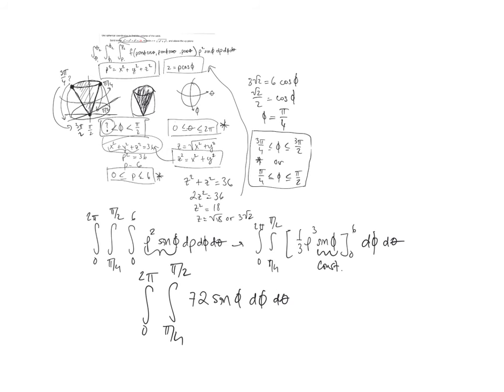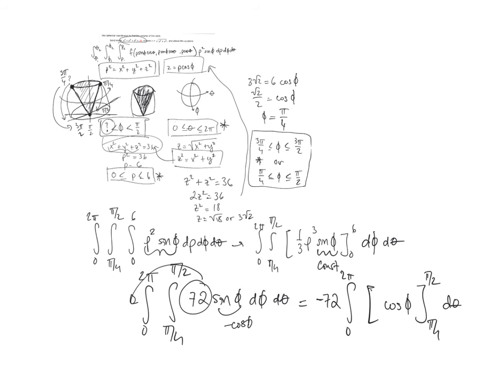So you can pull out the 72 outside because it's a constant, and then you will get negative 72 times the integral from 0 to 2 pi of cosine phi from pi over 4 to pi over 2 d theta. The integral of sine phi right here is negative cosine phi.